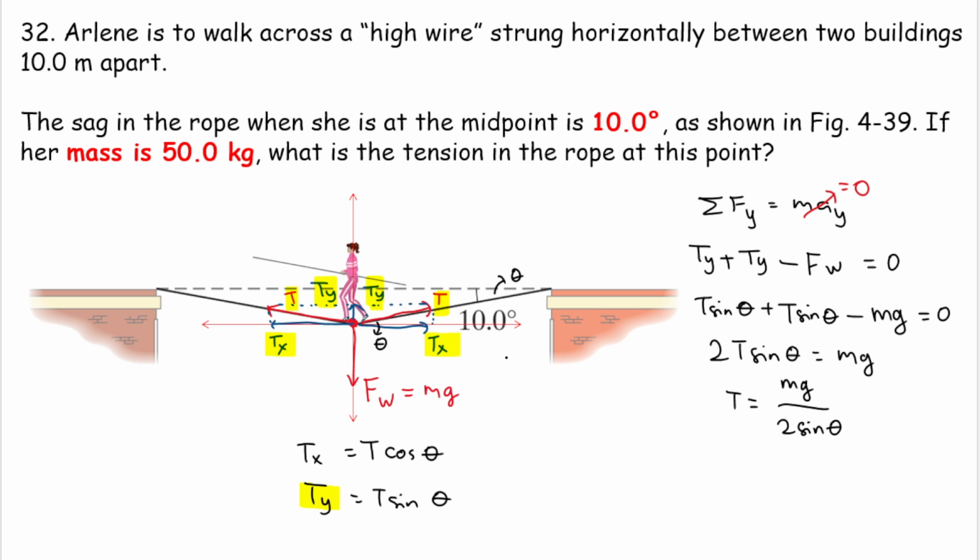Now we have all the values, right? We have the mass of Arlene, the gravitational acceleration, and also the angle of the rope. So T is equal to the mass 50, times gravity 9.8, divided by 2 and multiplied by sine of 10 degrees. I'll have 10 degrees here, and there is nothing we can do except punch this into the calculator.